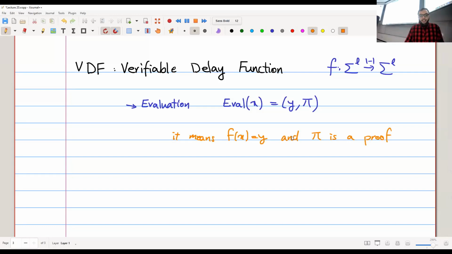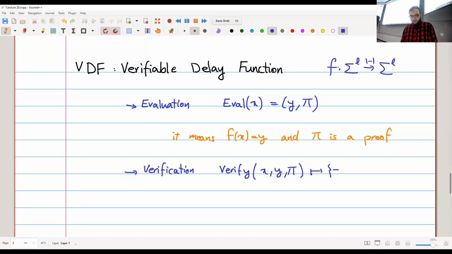Okay, and then we also have verification. So we have a verify function, and this verify function gets x, y, and p, and gives you either true or false.